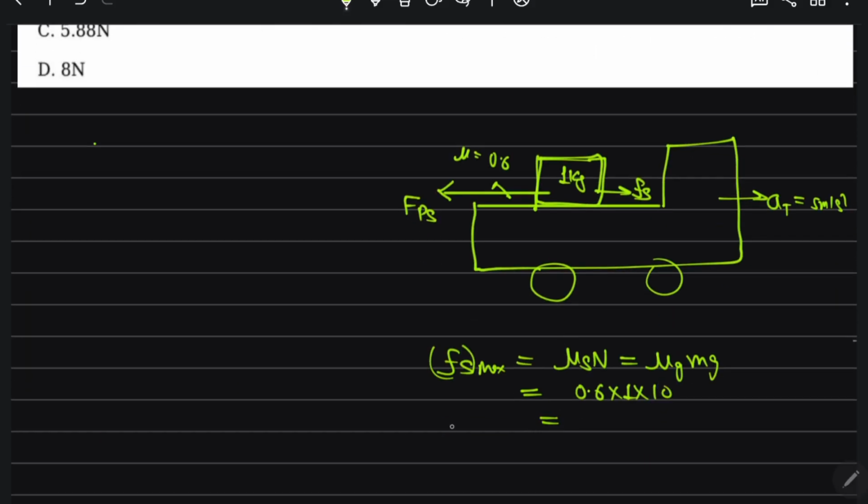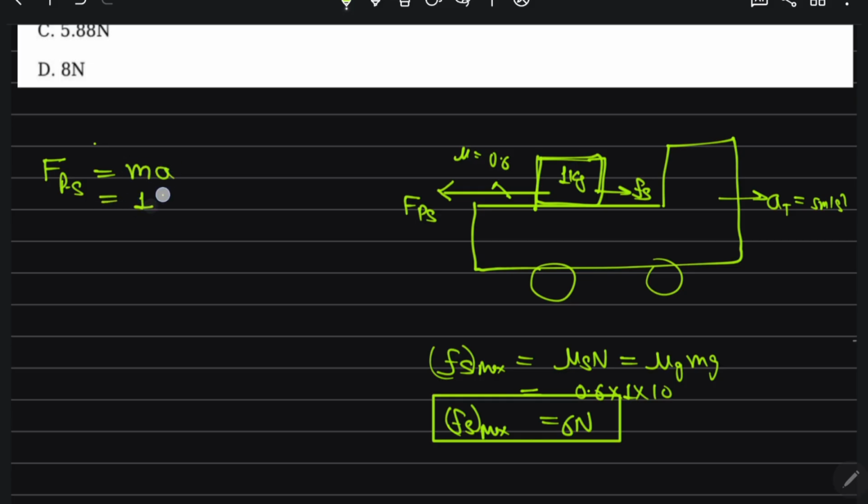So the maximum static friction is 6 Newton, right? And the pseudo force is mass into acceleration: mass is 1, acceleration is 5, so 5 Newton.